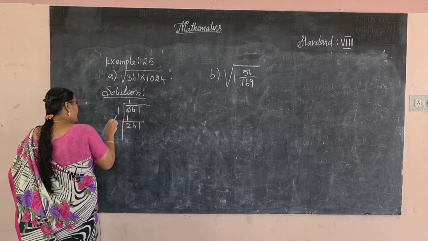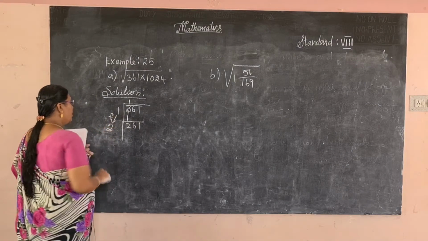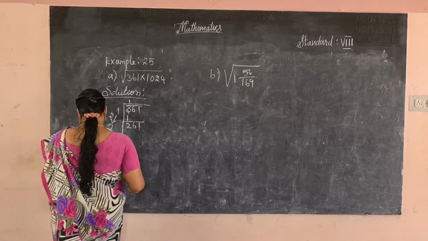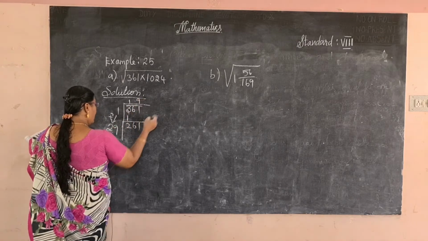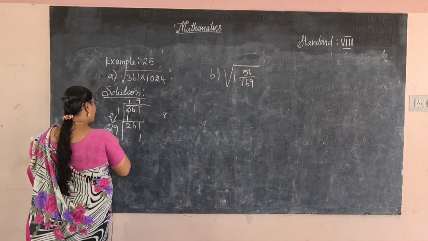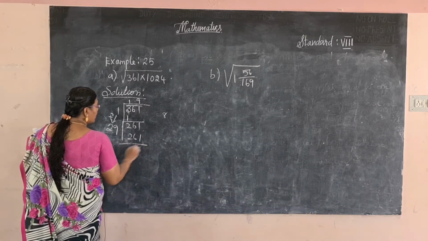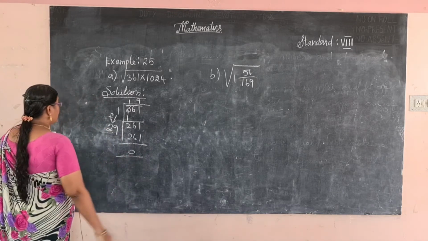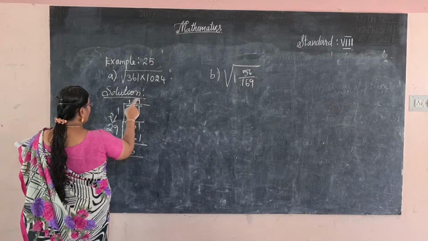So 1 multiplied by 2 is 2. Which number multiplied gives 261? 9 times. 9 nines are 81, 9 twos are 18, 18 plus 8 is 26. The remainder is 0. So the square root of 361 is equal to 19.